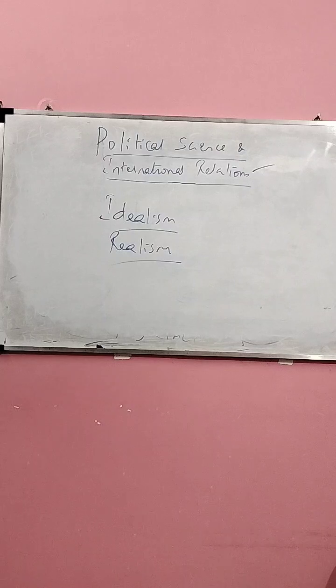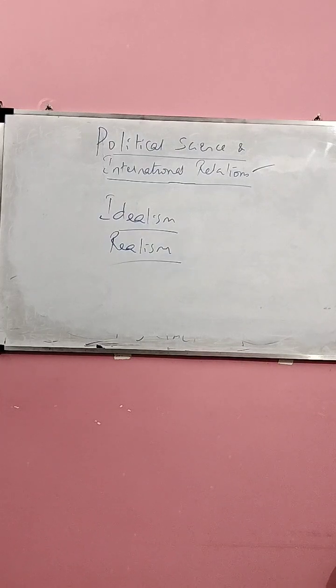Bismarck was seen as a realist. Former American presidents Truman, Ronald Reagan, Richard Nixon are seen as realists. India's own Indira Gandhi was seen as a realist. So we can classify the leaders themselves into idealists as well as realists.